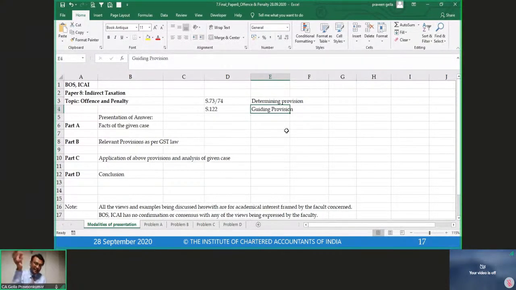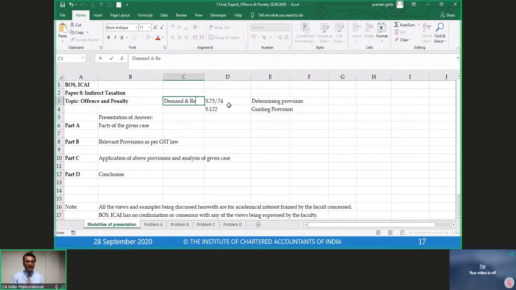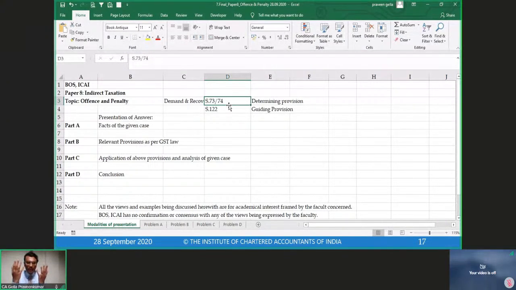Then I'll determine my demand under section 73. If you recollect what was discussed in the last class, this is all your demand and recovery provisions. Section 73 and all, this is all your demand and recovery. So my demand and recovery happens under 73, 74. Now, how do I demand? How do I quantify? Section 122 comes and clarifies that in this scenario, in this offense, this is my penalty.